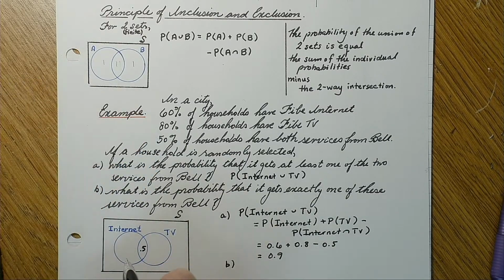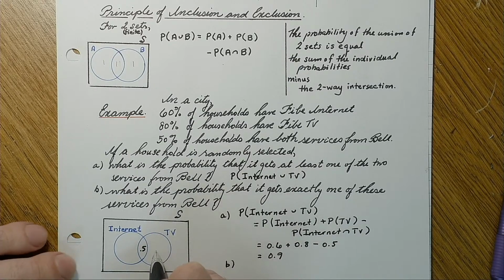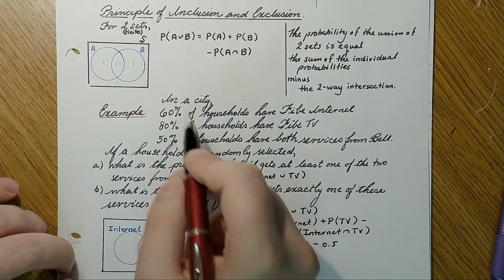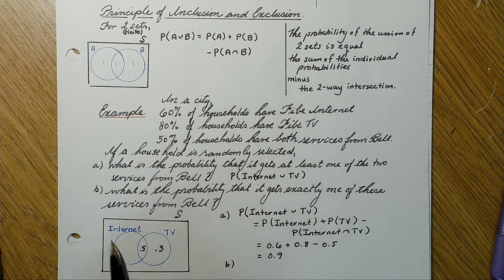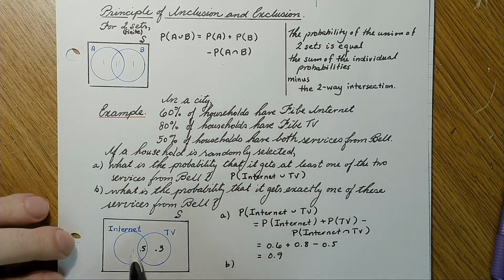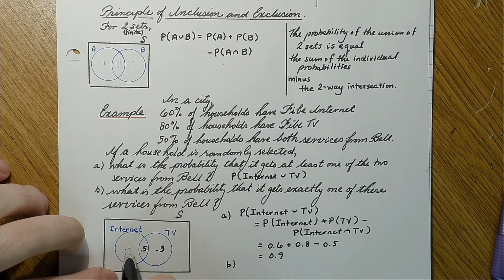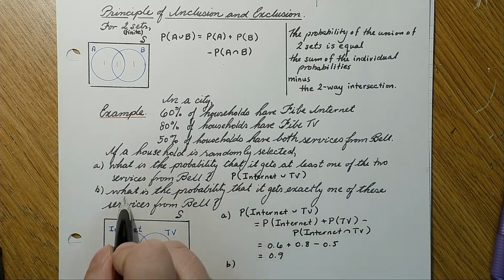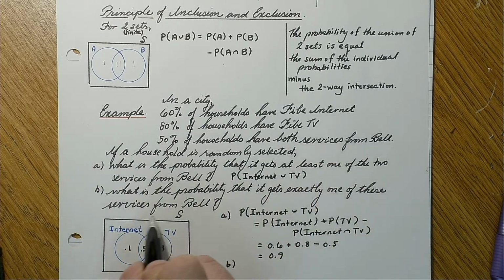And over here, I have TV, there's 0.8. So 0.8 minus 0.5 gives you 0.3. And then you'll have 0.6 minus 0.5, so that gives you 0.1. So again, the probability that it gets exactly one of these services from Bell is 0.1 plus 0.3, so that's 0.4.